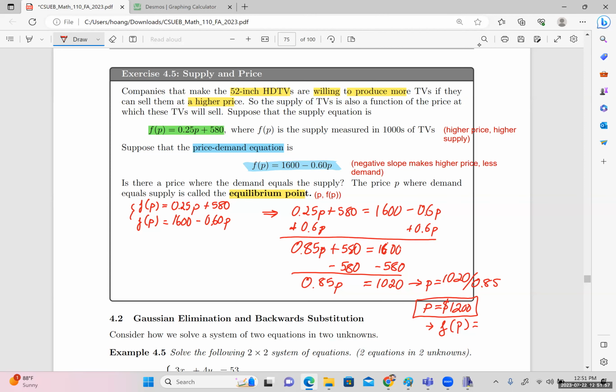You can substitute into any one of the original equations, and I use the demand equation: 1,600 minus 0.6 times 1,200, and that means f of p will be equal to 880, for demand and supply.